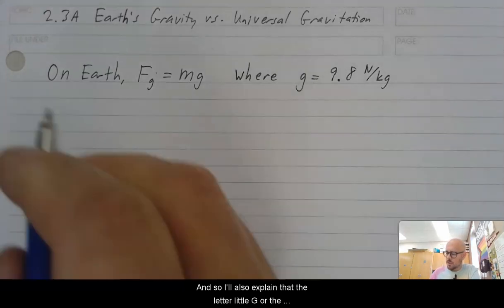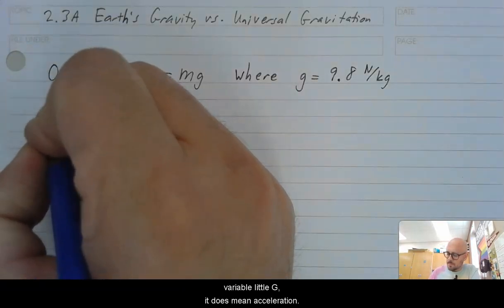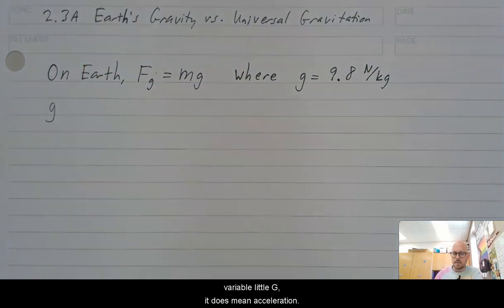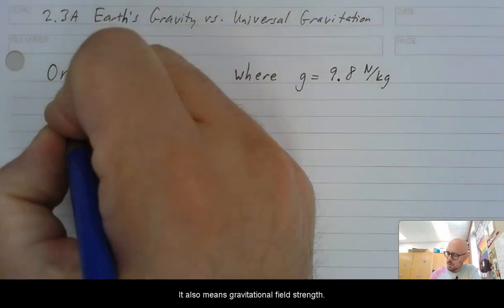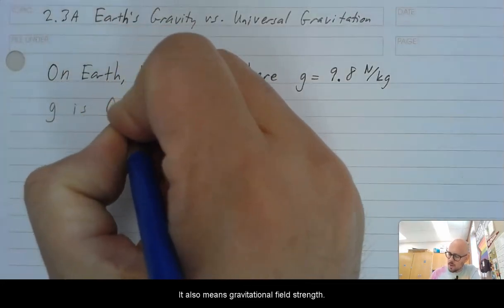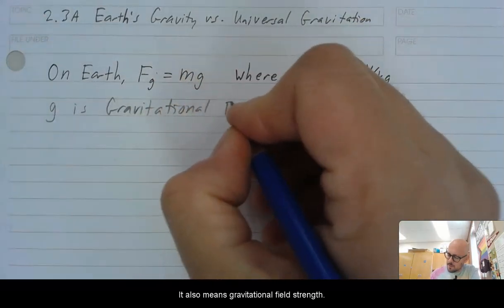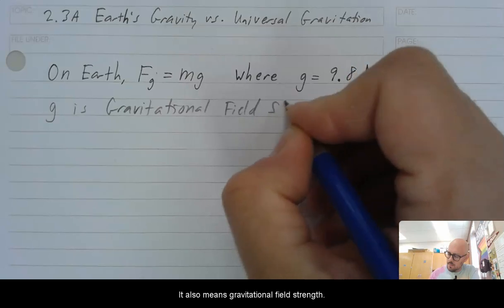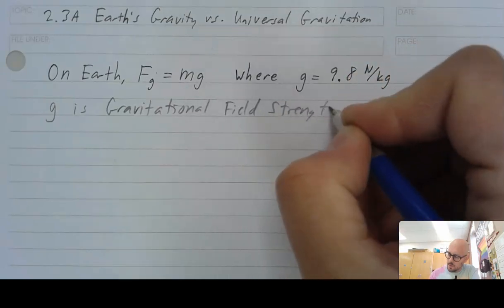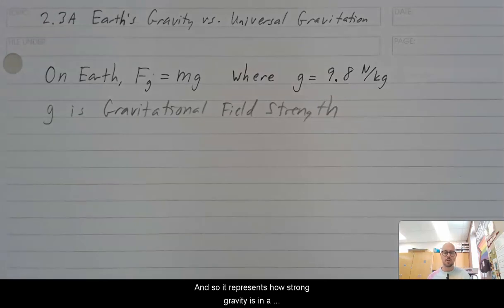The letter little g, or the variable little g, does mean acceleration, but I want to talk about it in terms of gravity. It also means gravitational field strength. And so it represents how strong gravity is in a particular location.